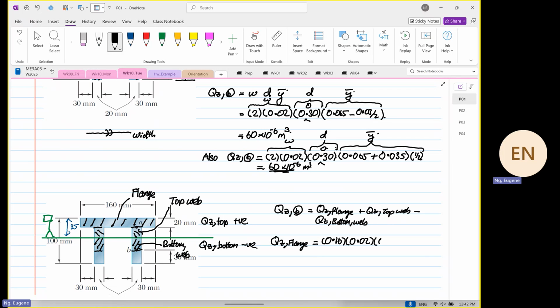So it's equal to 0.035 minus 0.02 divided by 2. So this will get you 0.035 minus 0.02 divided by 2 times 0.02 times 0.16. We should get 80 times 10 to the power minus 6.